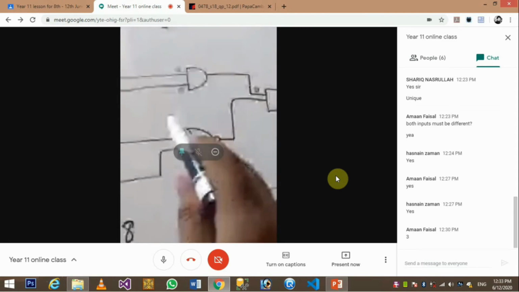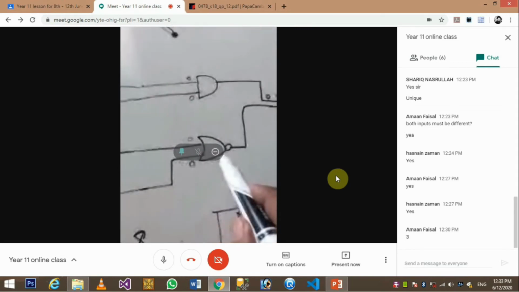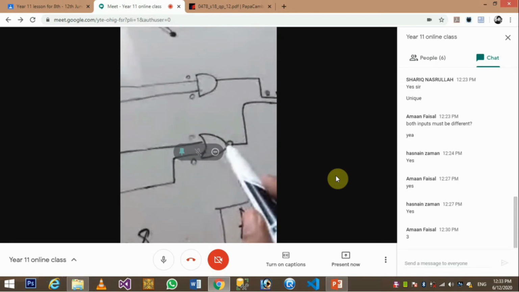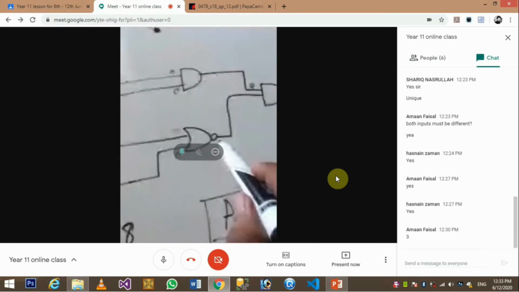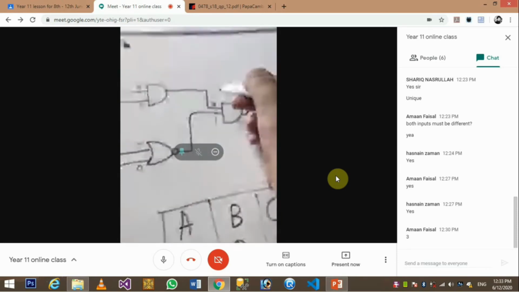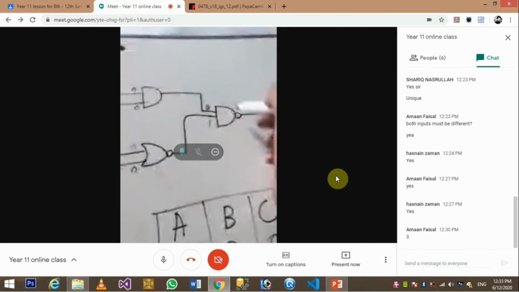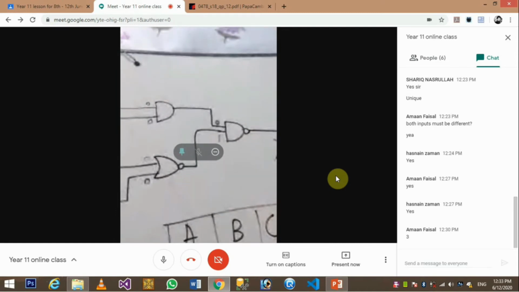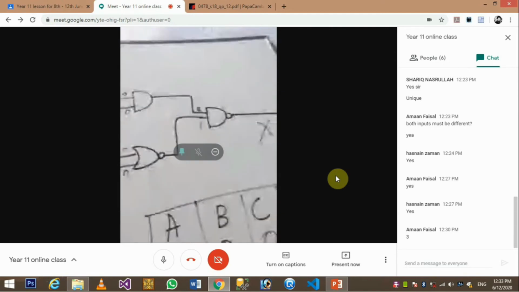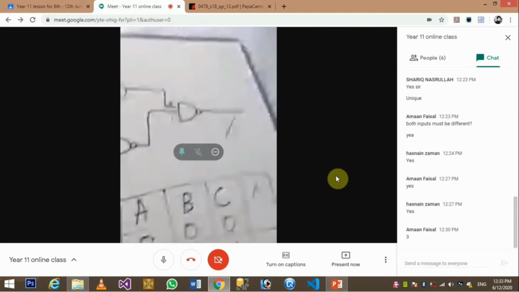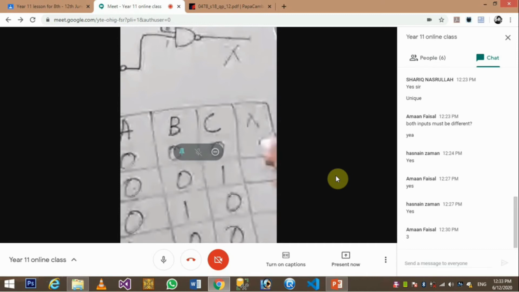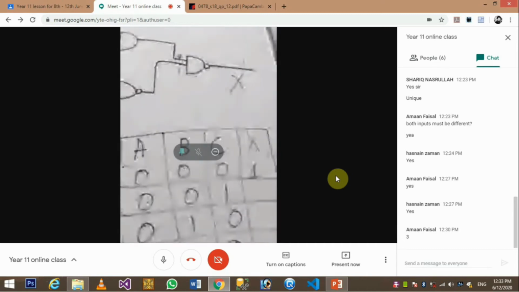And 0 0 in the NOR gate will be 1. So this is the NAND gate. 0 1 is 1. Okay, the output would be 1, like this. Here the output would be 1, right?